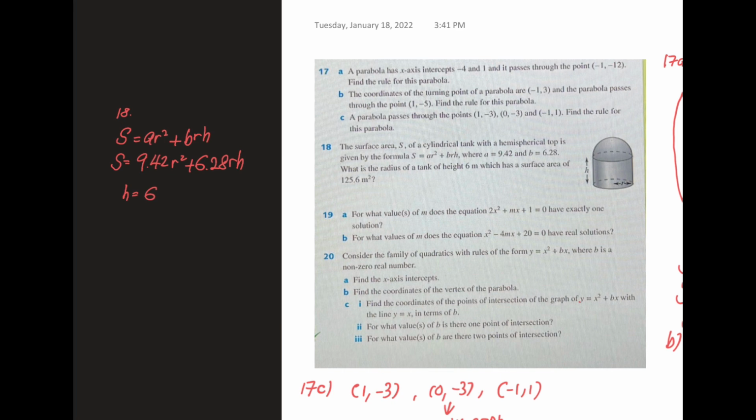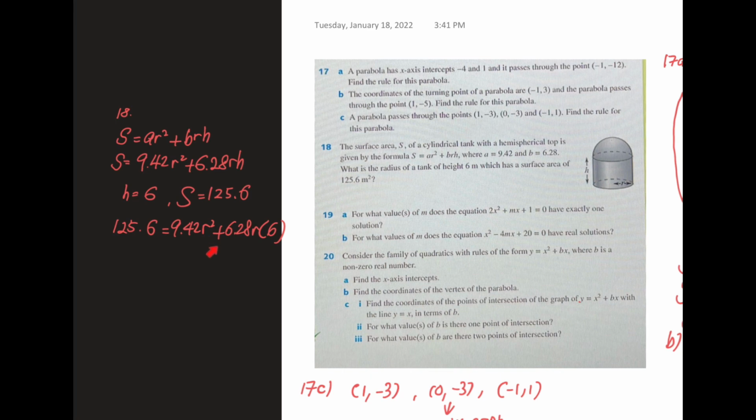Okay, now they give us height equal to 6. They give us S, the surface area. Surface area is 125.6. Okay, now what to do is we just substitute into the equation: 125.6 equals 9.42 R square plus 6.28 R times H.